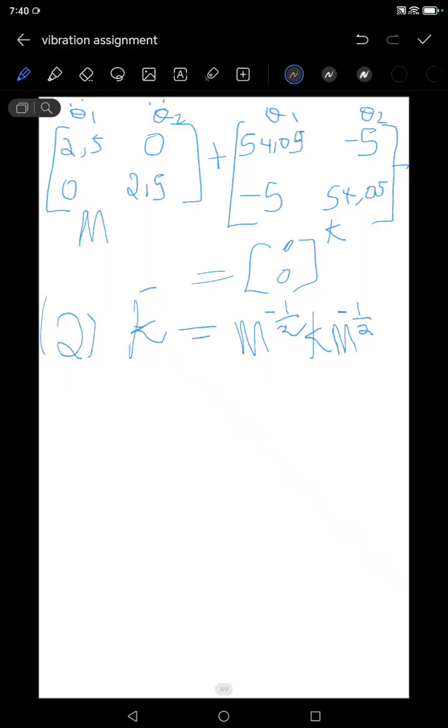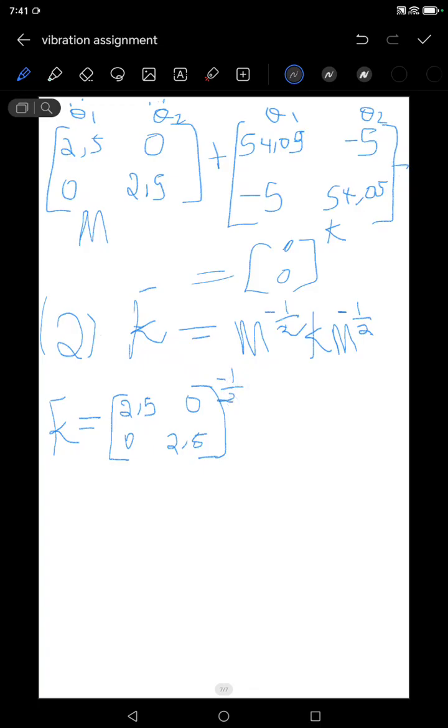So we're going to use this to determine the normalized stiffness. We write the big letter K with the bar equals the matrix of mass: 2.5, 0, 0, and 2.5 again, all to the power of -1/2.